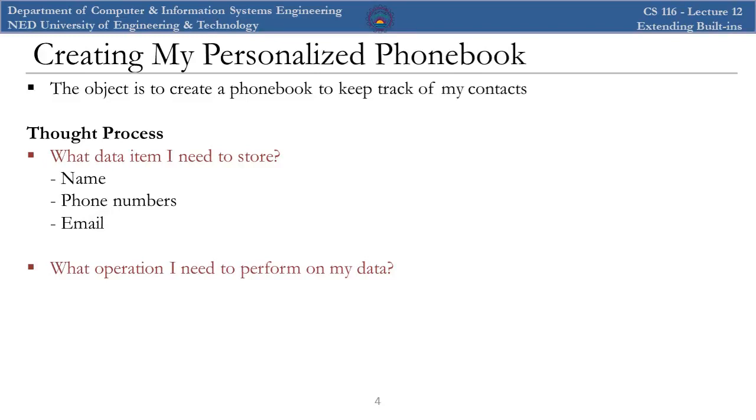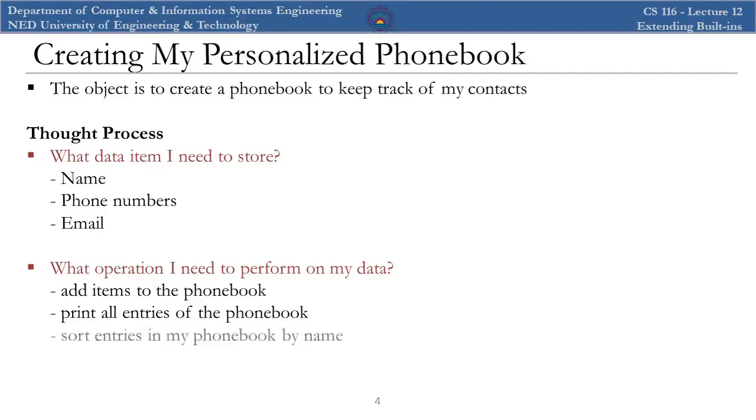Okay, this is a kind of database. When you are creating a phone book, that means you are storing records or data in a specific manner, right? We are pretty much familiar with the common operations that we perform on a database. I can add an item to my phone book, right? Then I can print or view all entries of my phone book.